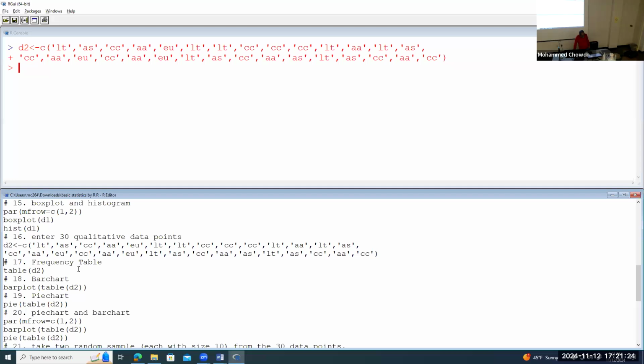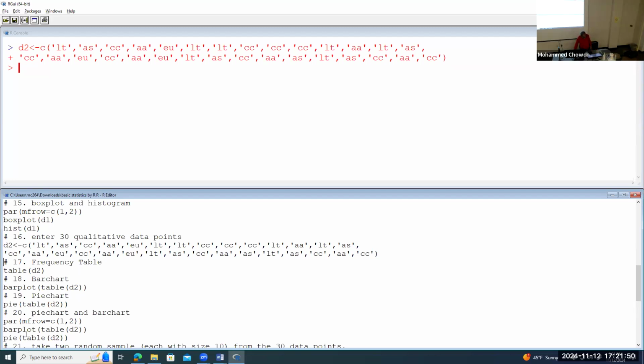Now I want to see how many LT, how many AS, how many CC, how many AA, how many EU are in there. LT stands for Latino, AS stands for Asian, CC stands for Caucasian, AA for African American, EU for European. I created synthetic data, fake data of the race variable.